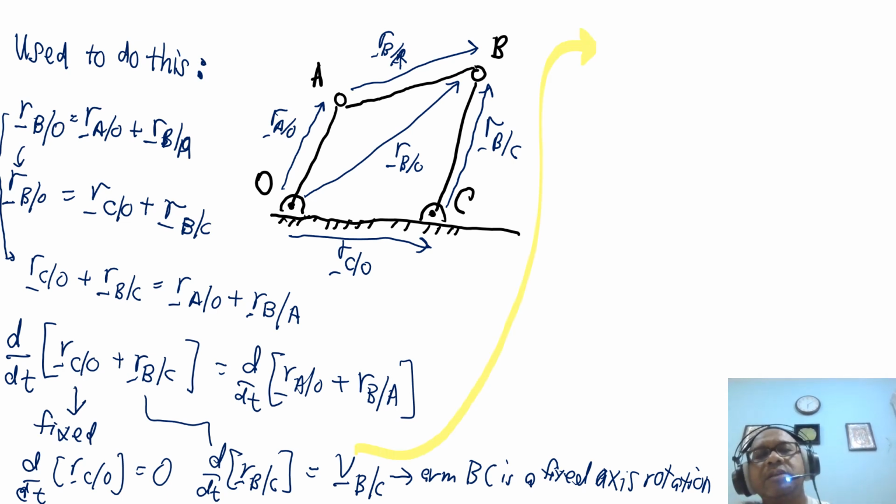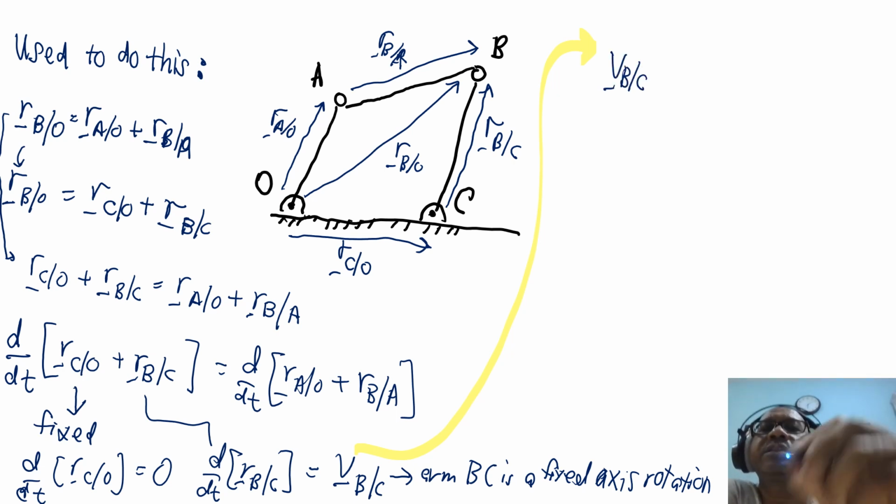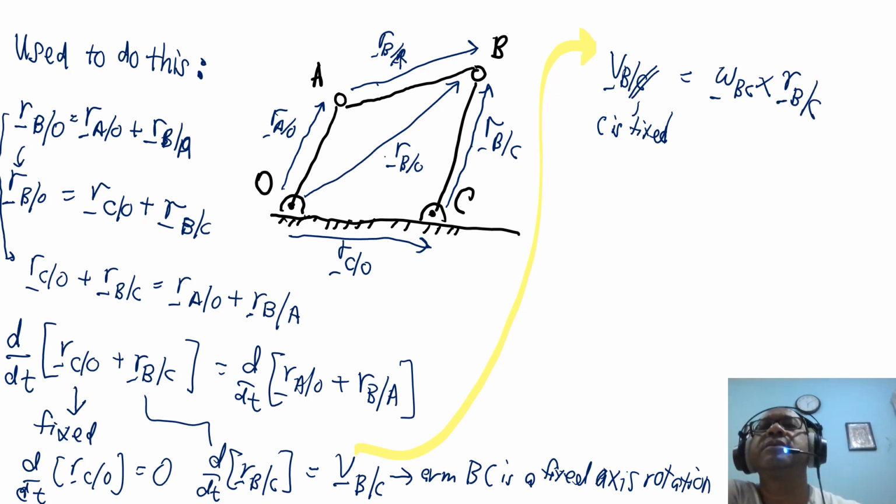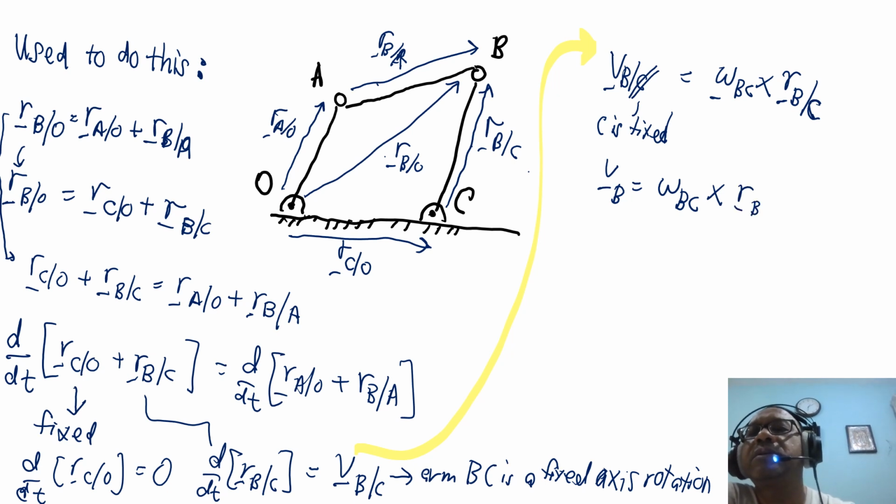It becomes like this: VB relative to C, and C is not moving, so we can remove C. I just cancel C here because C is fixed. Then we've got omega BC cross position vector B relative to C. So we get VB equals omega BC cross position vector B relative to C.